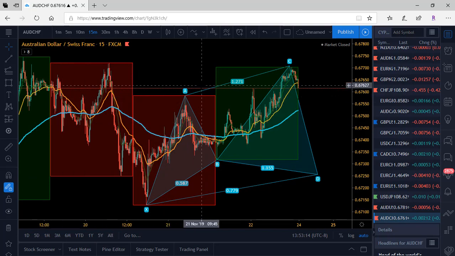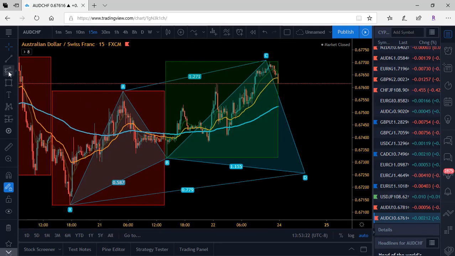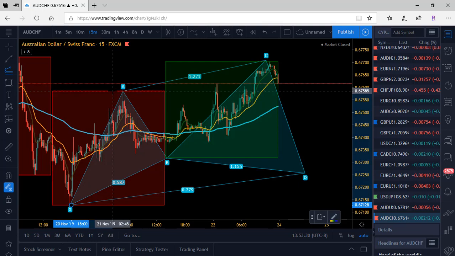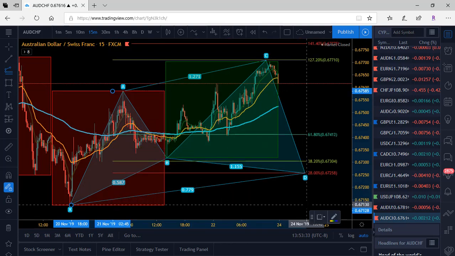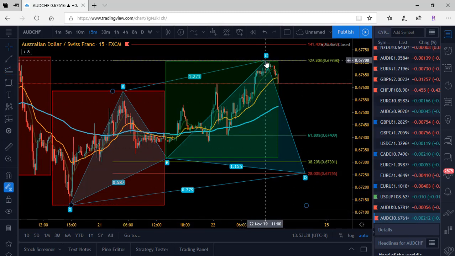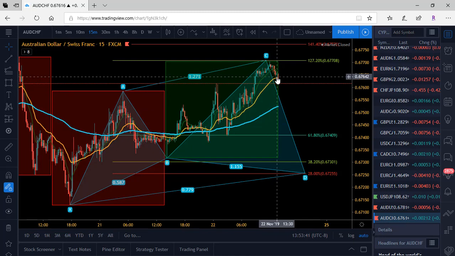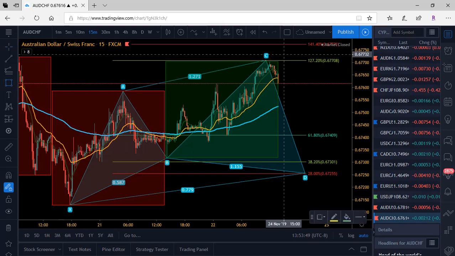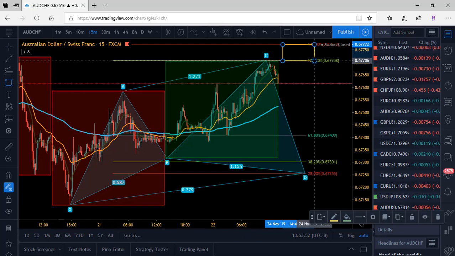So although it's not complete yet, because it didn't fully reach that minimum of the C point, which is 127.2 from X to A, back to C. Potentially, hopefully, this pattern will go up a bit more and pretty much get in the kill zone, which is right here.